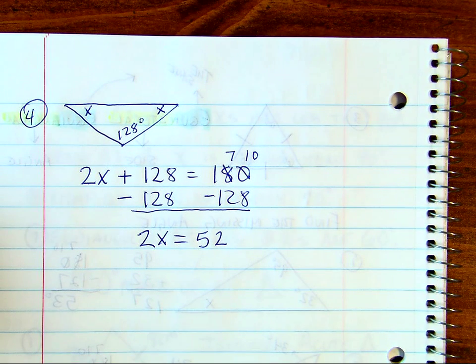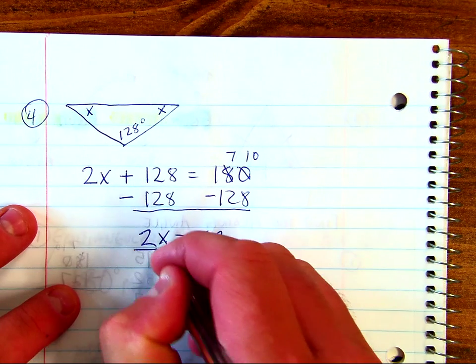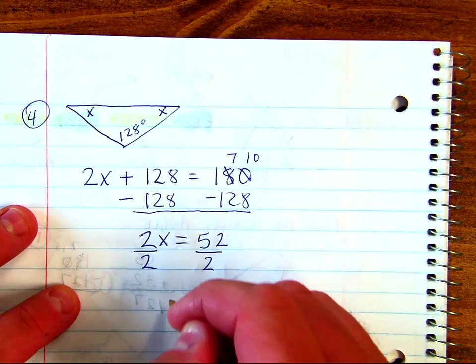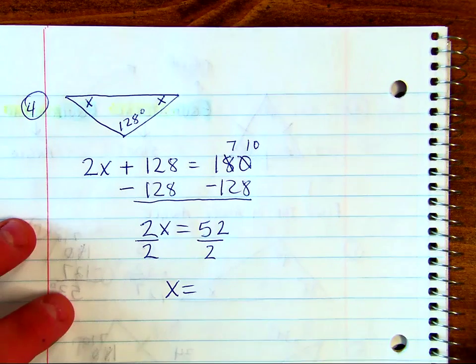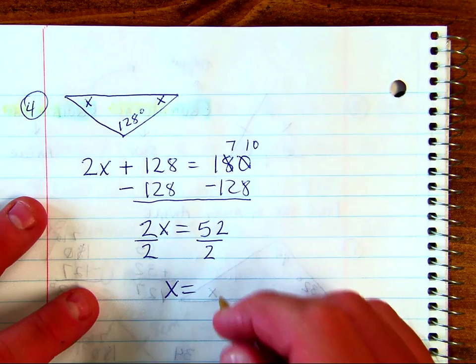And then we just divide by 2. And x equals 26 degrees.